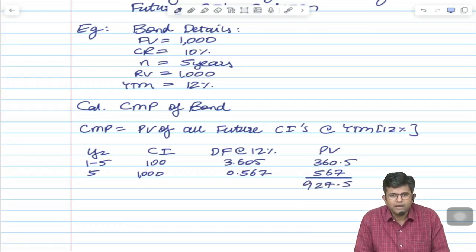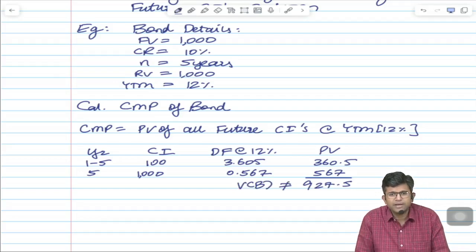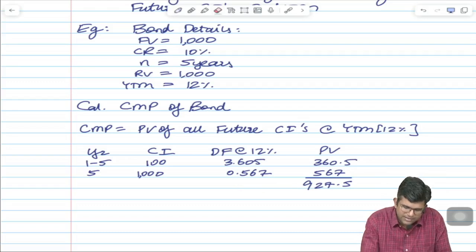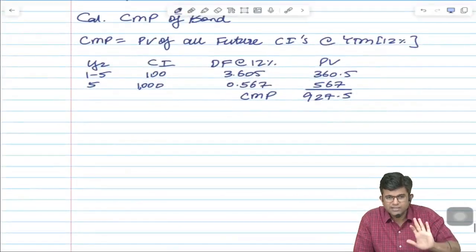Now listen carefully. This is not V bracket B. This is CMP. So what did you understand as a rule?